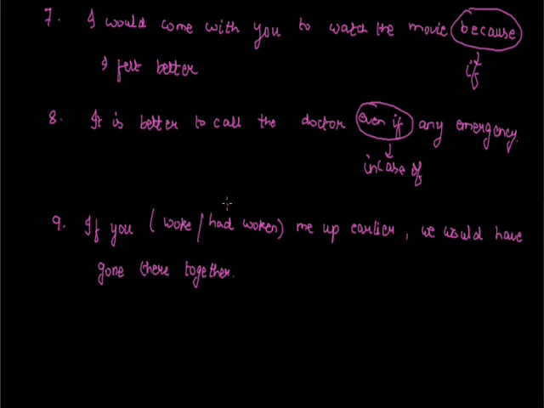So here the correct form of verb is had woken. If you had woken me up earlier in the past, we would have gone there together in the past. So the third condition, our impossible condition, totally deals with the past.